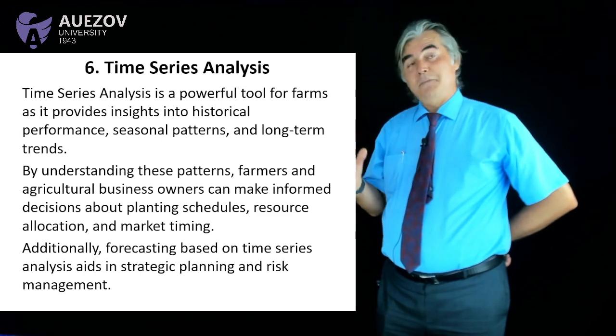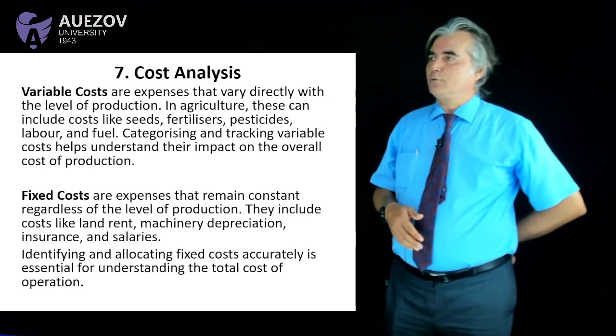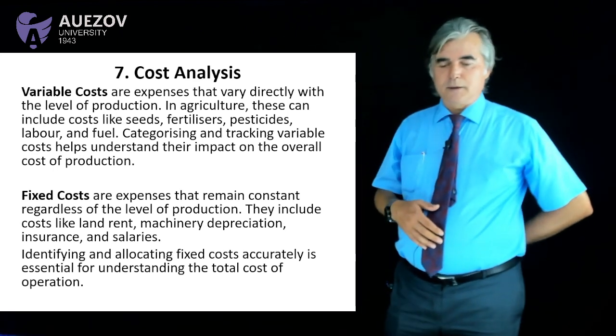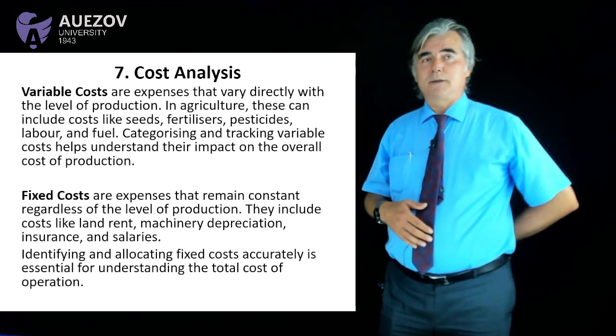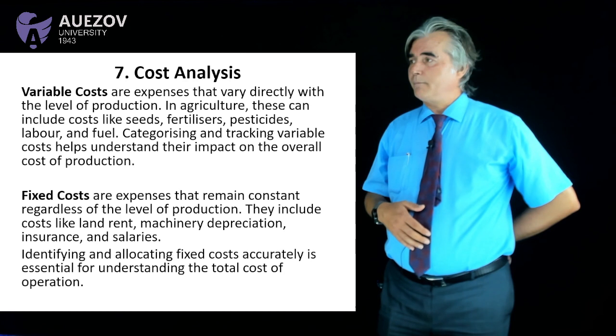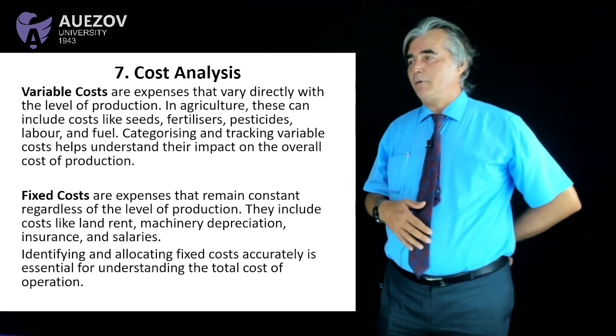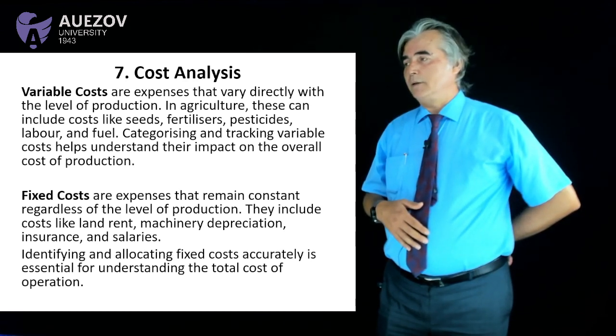The other analysis is cost analysis. As I said before, in the short run, we divided cost into two items, variable and fixed cost. Fixed costs are expenses that remain constant regardless of the level of production: land rent, machinery, depreciation, insurance, and salaries.